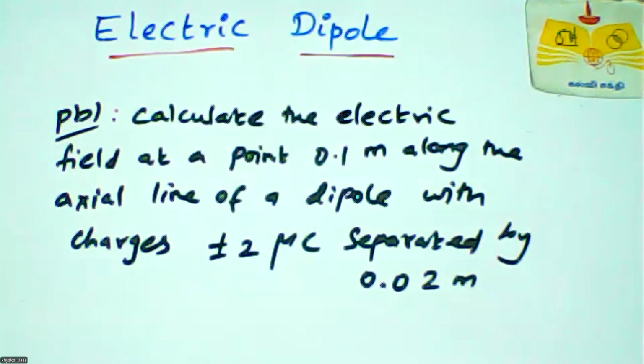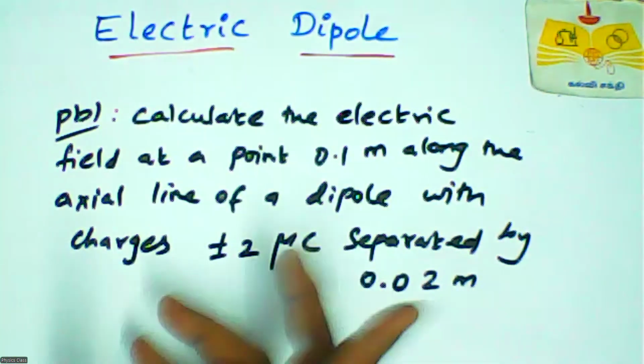Calculate the electric field at a point 0.1 meter along the axial line of the dipole with the charges. Already I told you, equal and opposite charges, plus or minus 2 microcoulomb separated by 0.02 meter. First let's identify our variables.